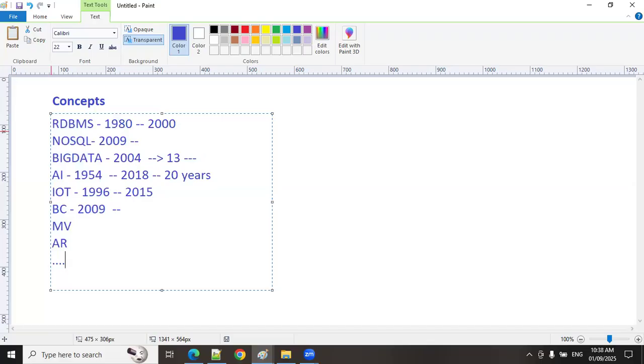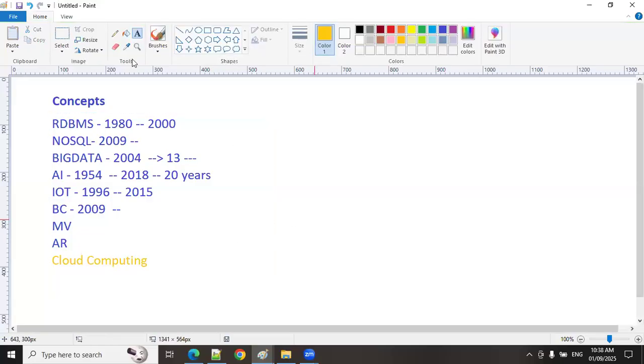But guys, మనం ఒకటి మిస్ అయ్యాం. ఏంటిది ఇక్కడ? We missed something. ఏంటి? Can I put it here? Yes or no? Is cloud a concept or not? No. Cloud computing is not a concept. And what is it? So all these are concepts.